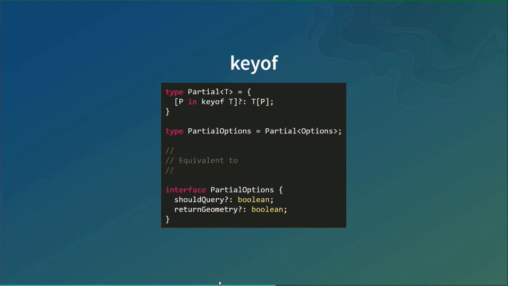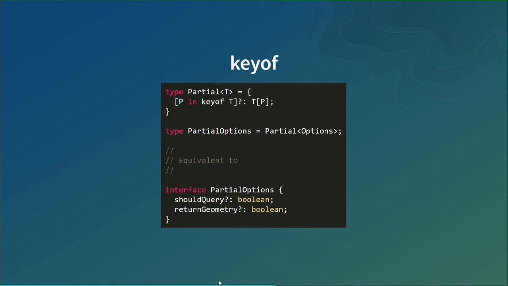And this uses keyof. So this is a pretty hard thing to read if you're not used to it. So don't worry too much if you don't really understand the syntax. It's not so important. What keyof does is you give it a type, and keyof will then result in the union of all the fields of that type as literal strings.